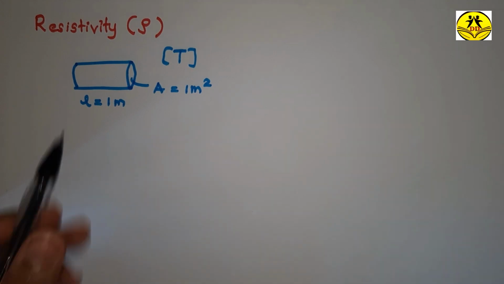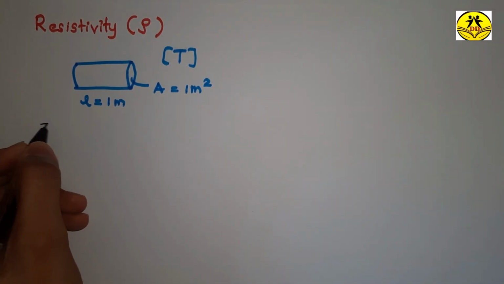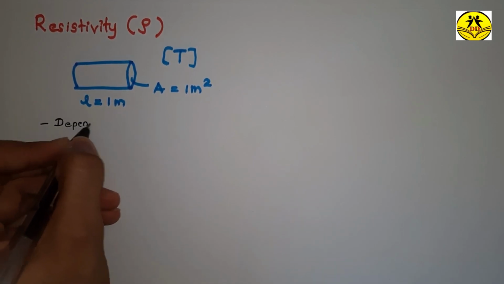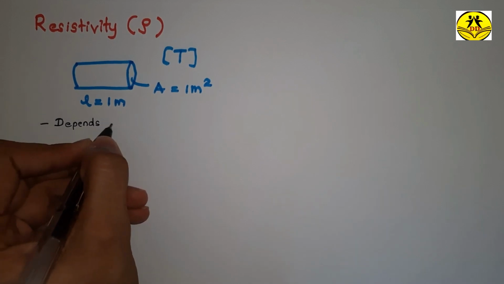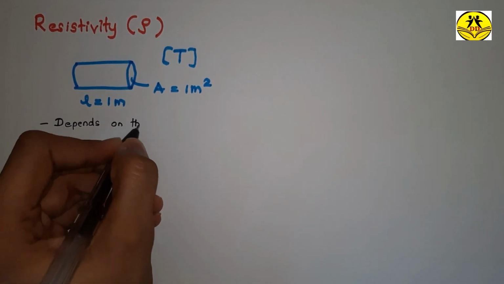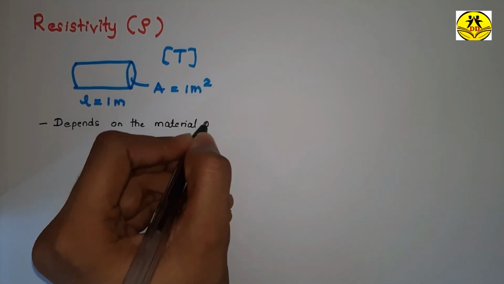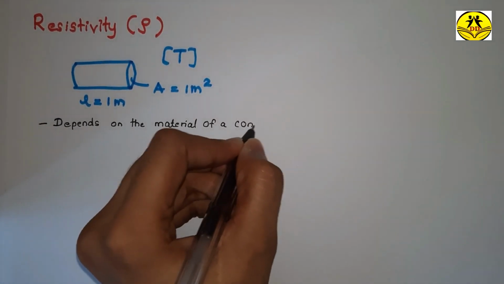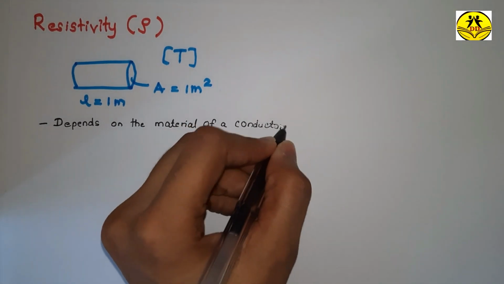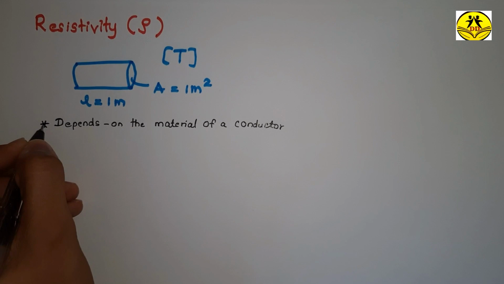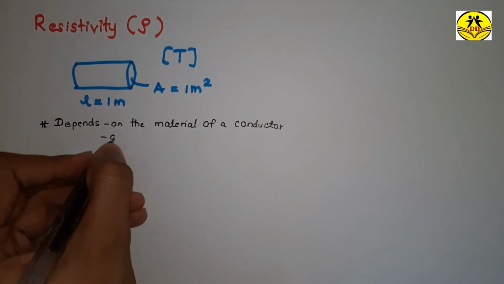So resistivity depends on the material of a conductor and it depends on the temperature.